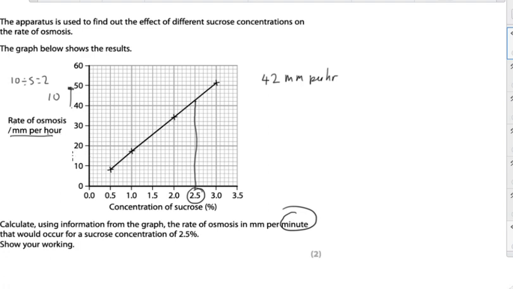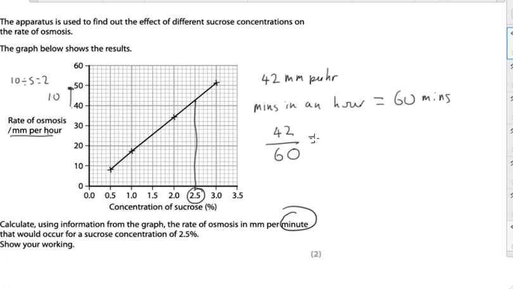They will so often in these questions go between two different types of units. So this is per hour, we want it for minutes. So how many minutes in an hour? There's 60 minutes. So we need to take our 42 and divide it by 60.